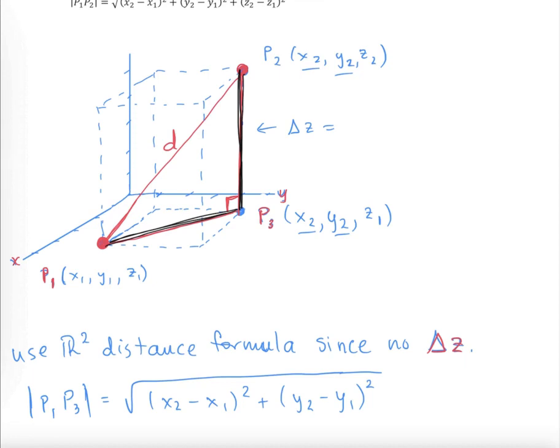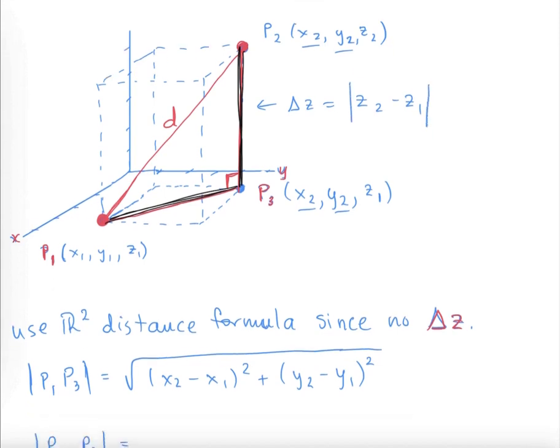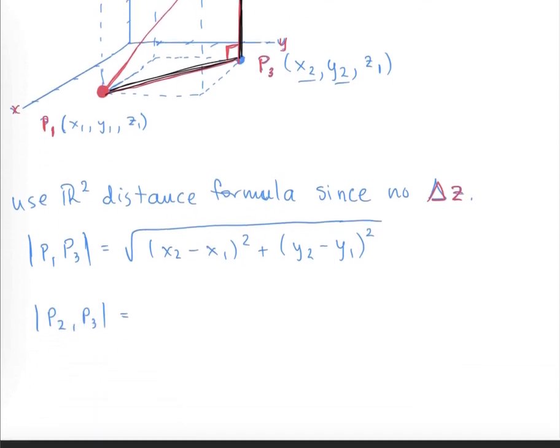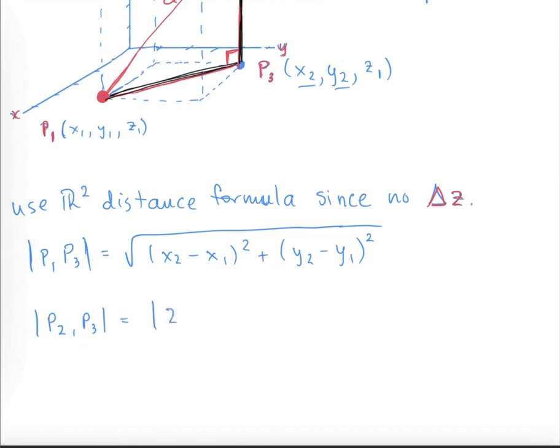When we're looking at a change in z, we can say this by z2 minus z1, or terminal minus initial, to get that change in z. But because this can be anywhere and it's not necessarily in the first octant, we do want to wrap this in absolute value bars to ensure that that vertical leg is a positive quantity. So this is going to be the absolute value of z2 minus z1.